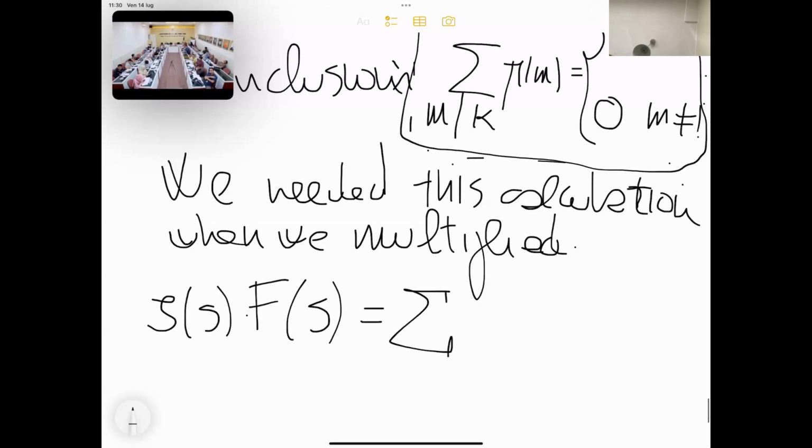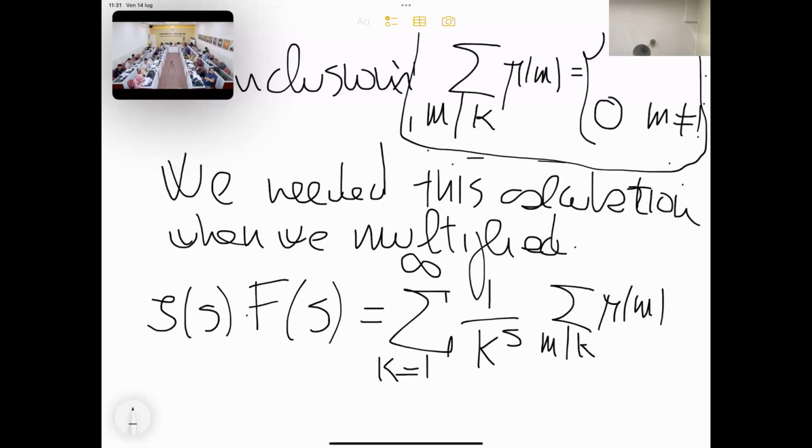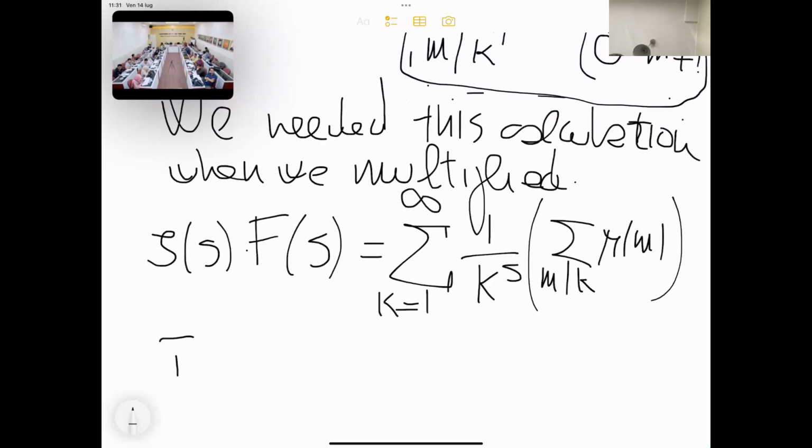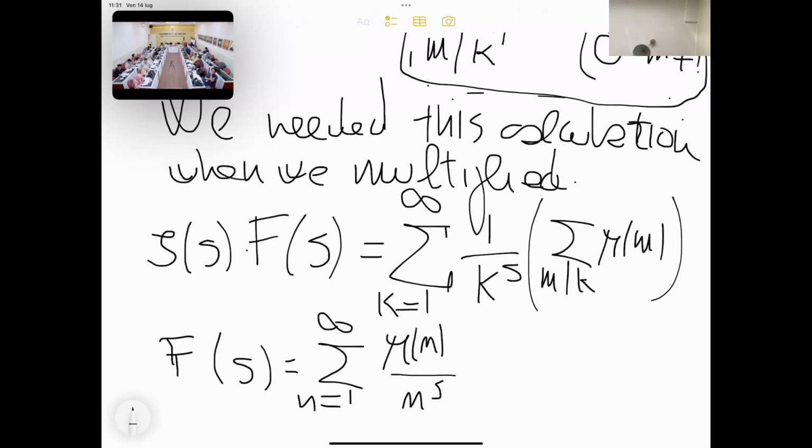We obtained that this is equal to the sum for k from 1 to infinity of 1 over k to the power s times the sum over m dividing k of mu of m, right? We needed this. And here, f of s is the sum for n from 1 to infinity of mu of n over n to the power s.